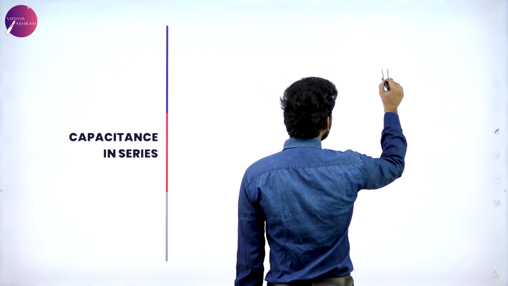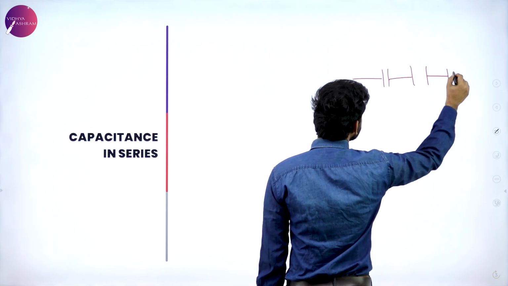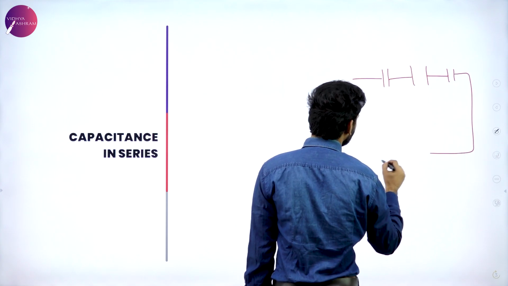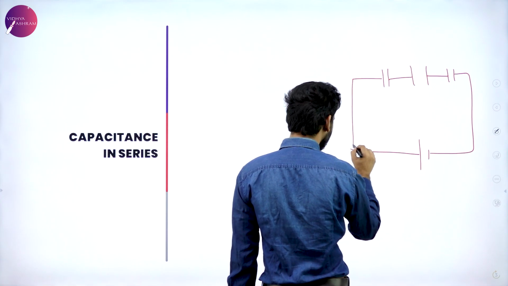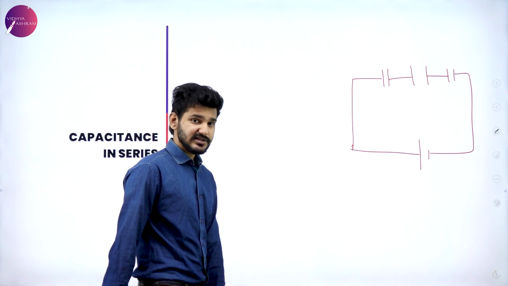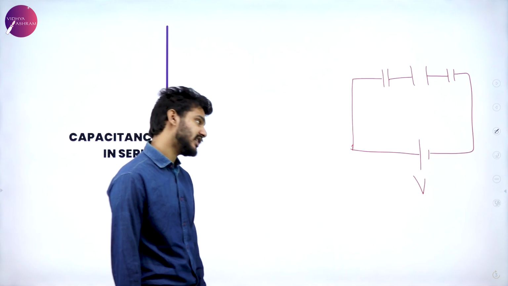So let's assume that we have a circuit where capacitors are arranged like this. In this particular circuit, let's say I have connected a cell having V potential.